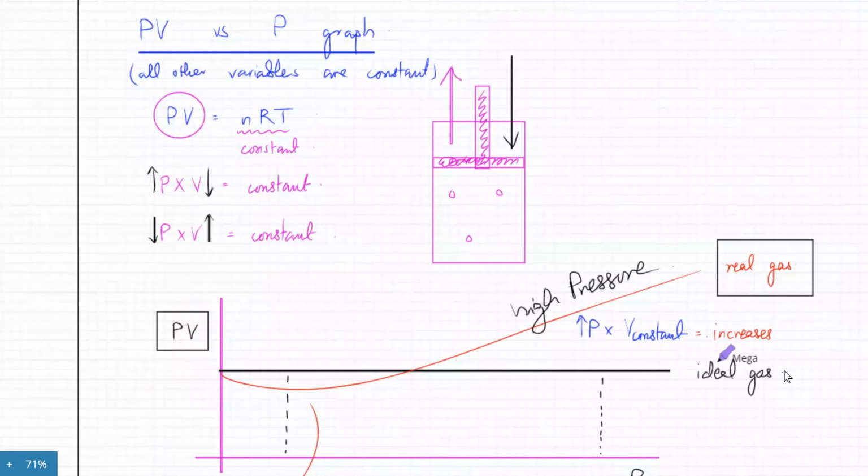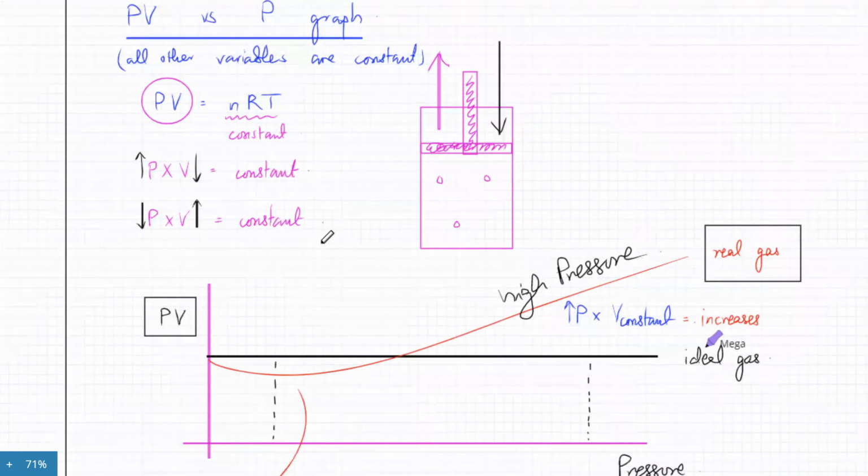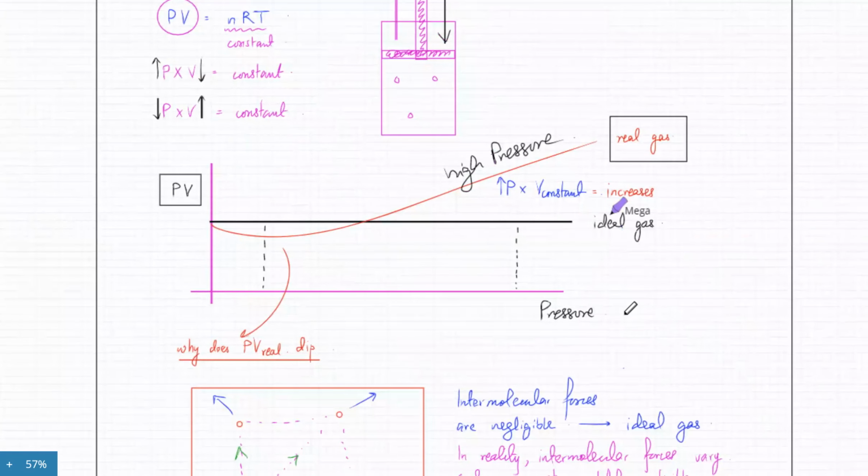So remember, plotting PV is always going to give you a constant for an ideal gas, assuming that the relationship is followed exactly. Pressure increases, volume decreases; pressure decreases, volume increases; it always gives you a constant. So no matter what pressure you're at, the ideal gas line would be a straight line. It would always give you the same value. It's going to be a constant, no matter what the pressure is.